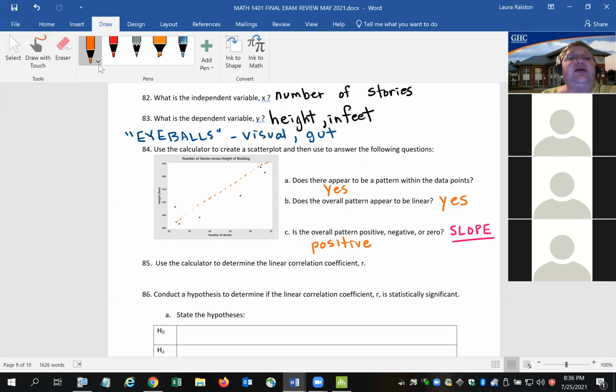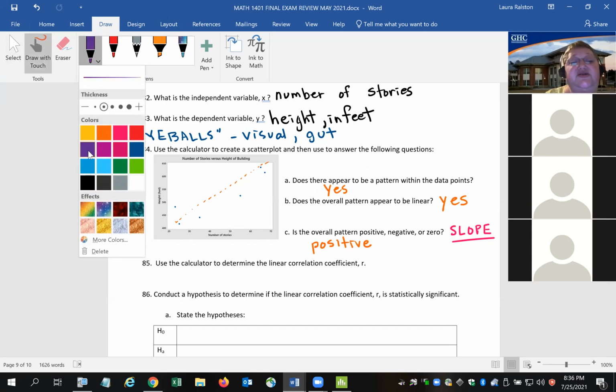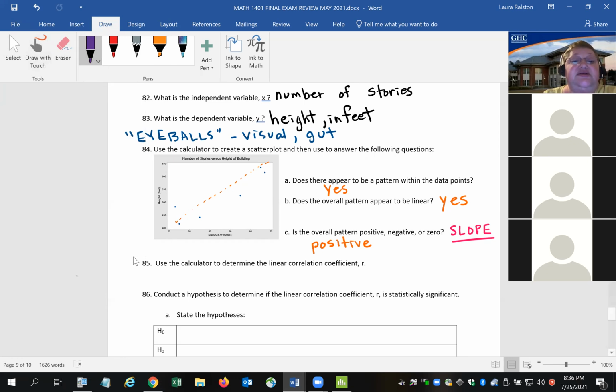So then we get to the next question, and in the next question, as you move to use a calculator to determine the linear correlation coefficient, we're now going to look at it from an algebraic standpoint. We're going to do the algebra. We're going to do the math. And we're going to calculate this linear correlation coefficient, which is a numerical measurement of the strength and the direction of our correlation.